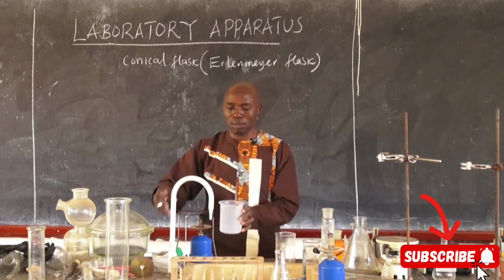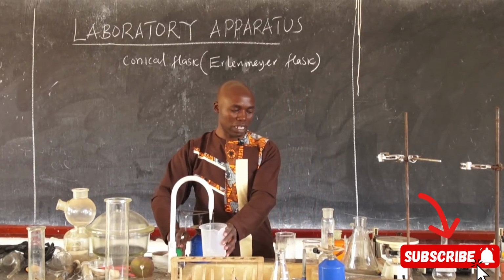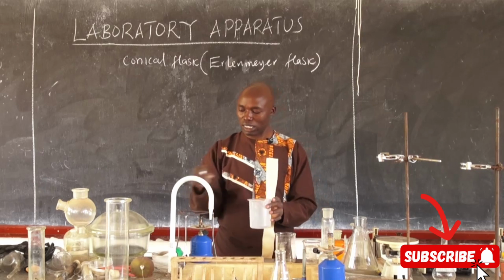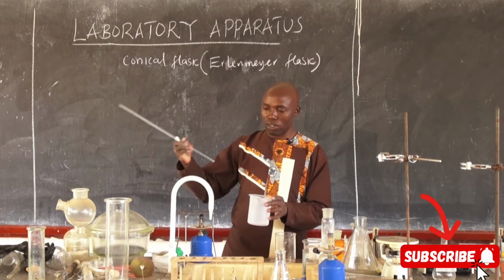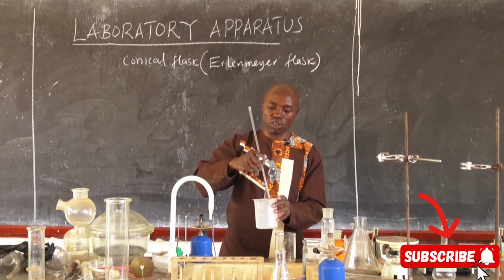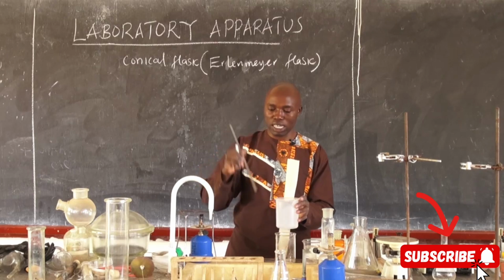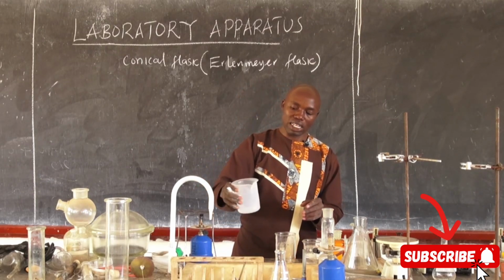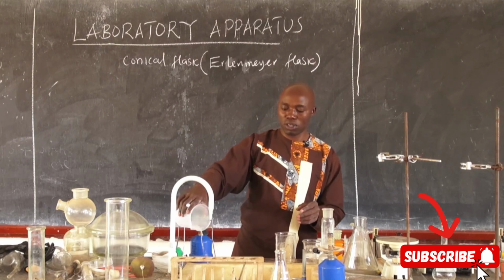So we put in the chemicals here and mix around. I can mix a solid with the liquid and stir inside here. So you mix and use what we call a stirring rod to stir. So you don't use it for swirling like this, the liquids might spill over you.